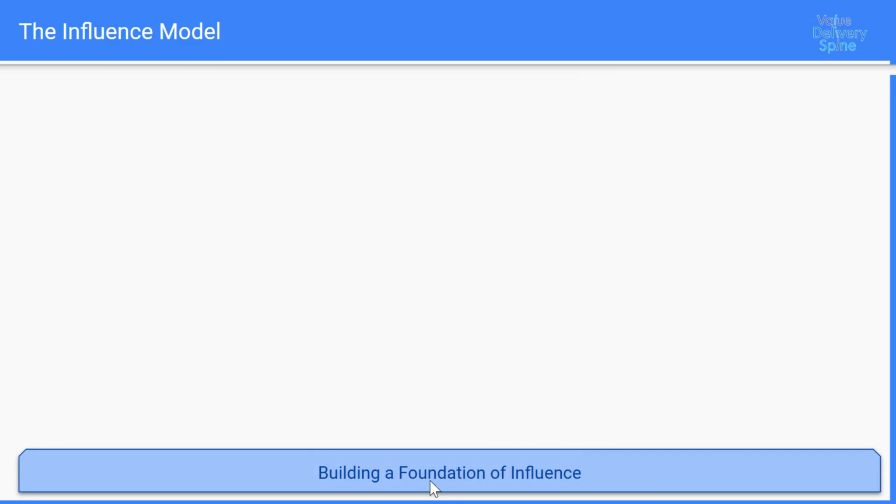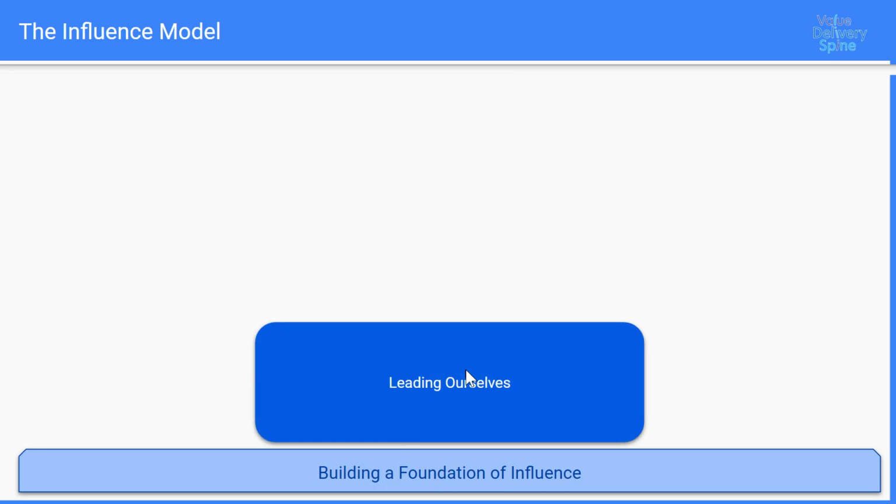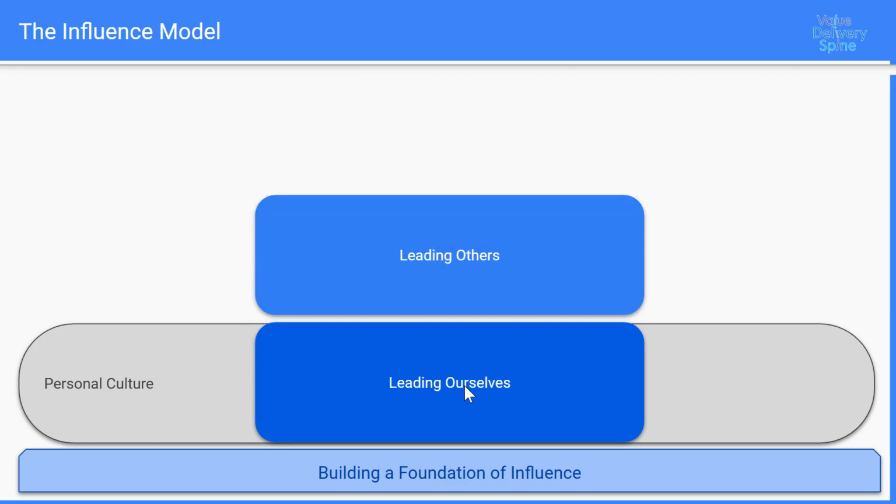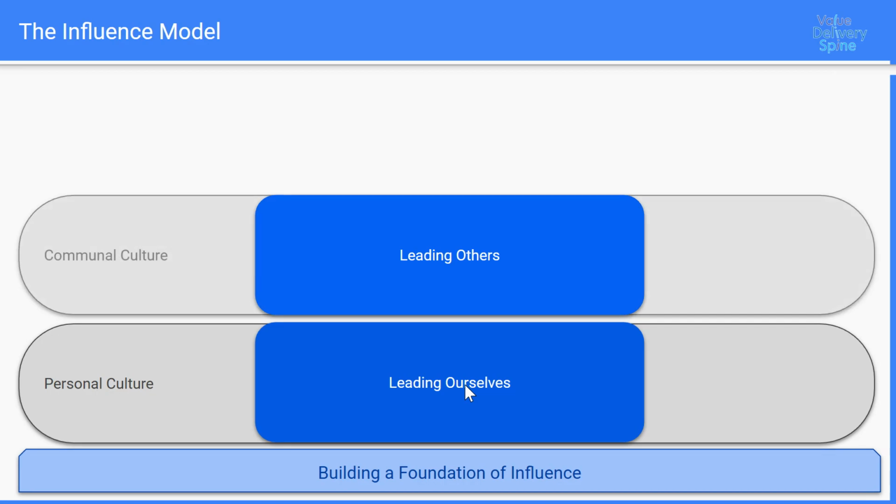We're starting with the foundation of influence, and we are going to continue to develop our capability to influence others in more and more sophisticated ways, starting first with ourselves and leading ourselves, influencing ourselves to take on and do the things that we want to accomplish, and we do that within our personal culture. Then we look to leading others and dealing with that in a communal culture, also acknowledging that each of those individuals has their personal culture as well.